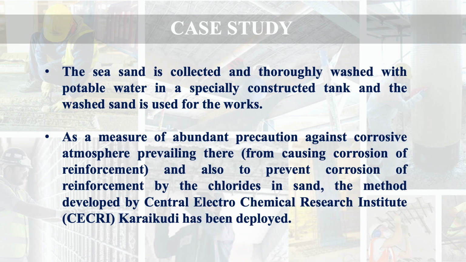As a measure of abundant precaution against the corrosive atmosphere prevailing there causing corrosion of reinforcement, and also to prevent corrosion of reinforcement by the chlorides in sand, the method developed by Central Electrochemical Research Institute was deployed.